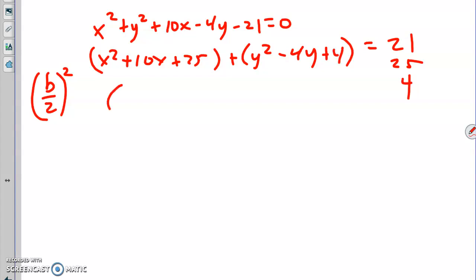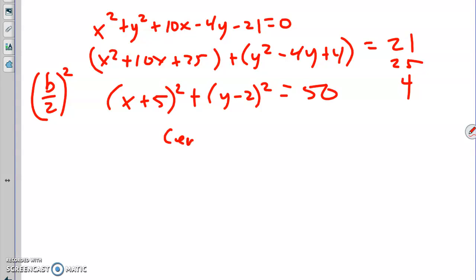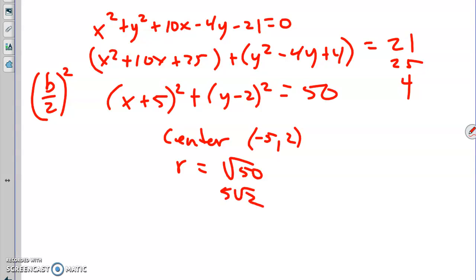And so when I complete the square, write it in vertex form, I get x plus 5 squared plus y minus 2 squared equals 50. And so we know that the center of our circle is at the point -5, 2, and that the radius of this is root 50 or 5 root 2.